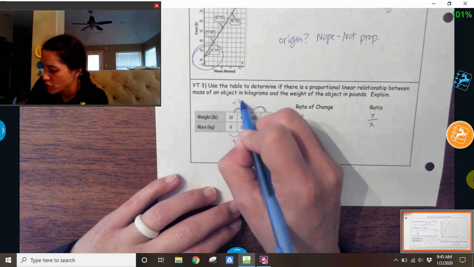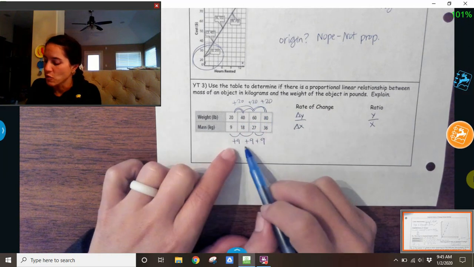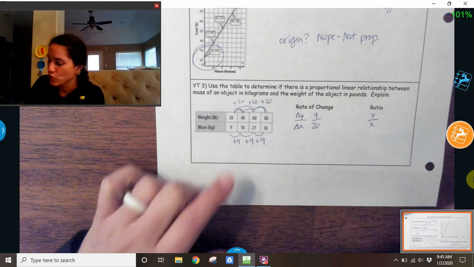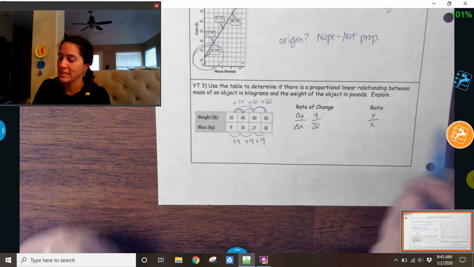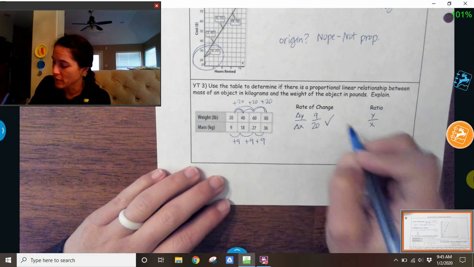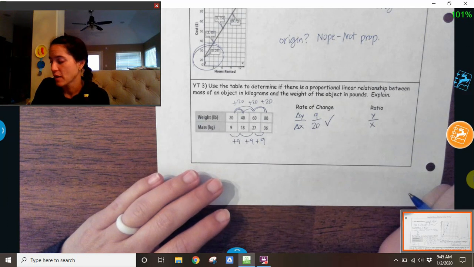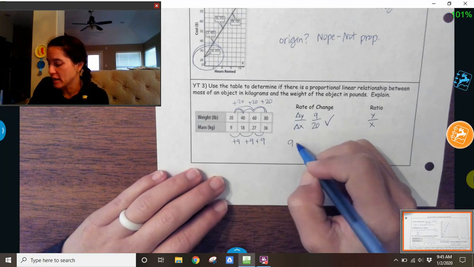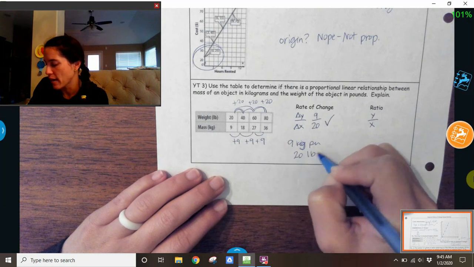And this is plus 20. So my change in y is 9 over 20. And it is linear because it changes the same each time. And it's 9 kilograms per 20 pounds.